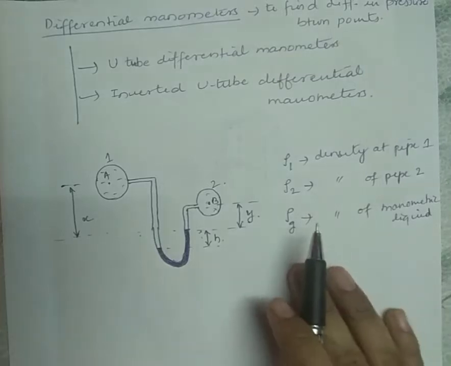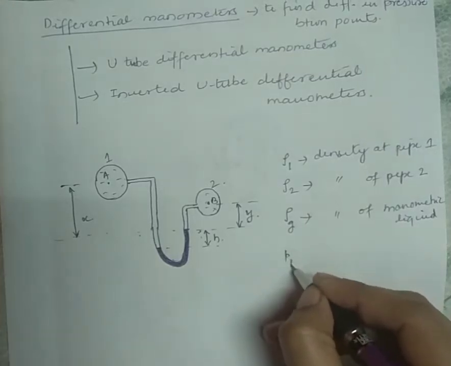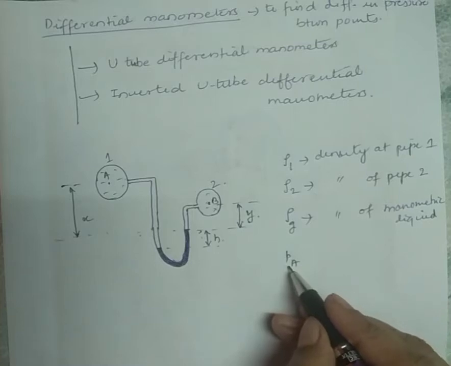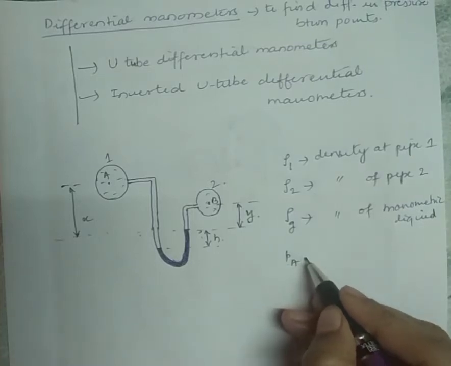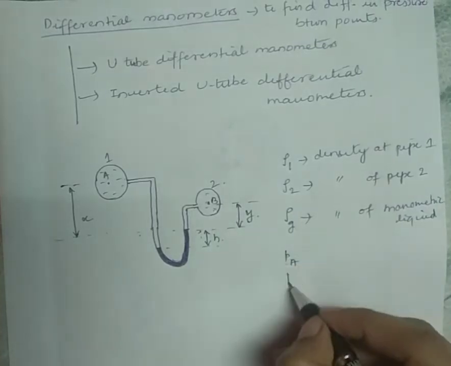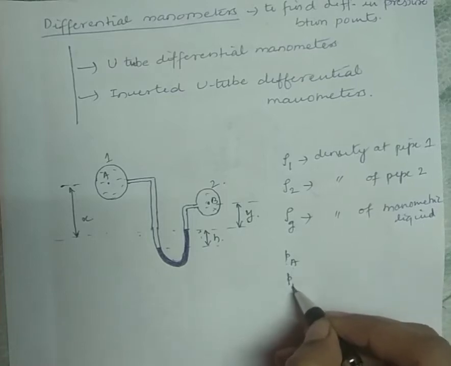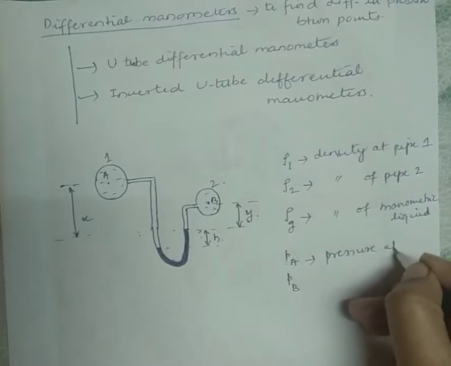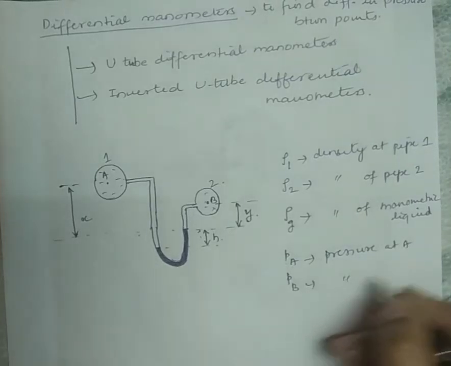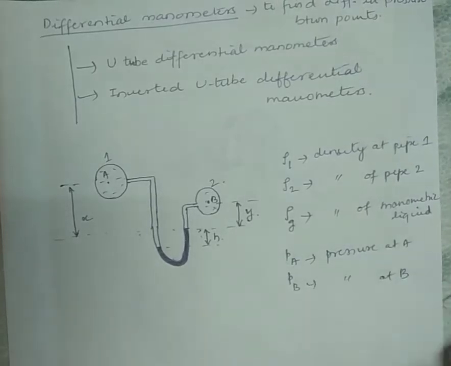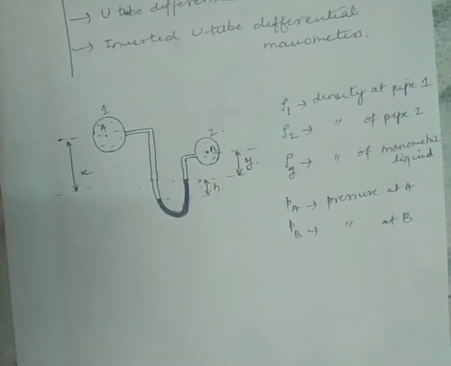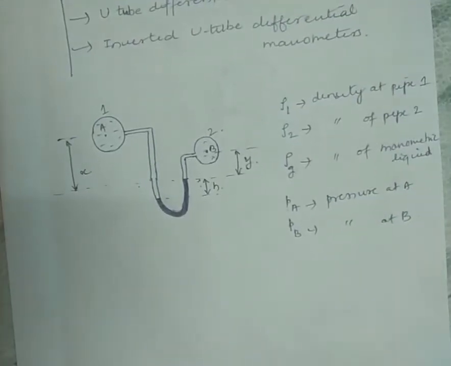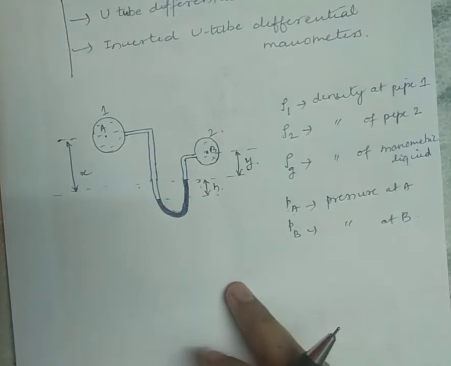Then, what is the pressure at point A? Let's assume the pressure at point A be P suffix A and the pressure at point B be P suffix B. Now we are going to find out the pressure difference between A and B. What is the procedure?